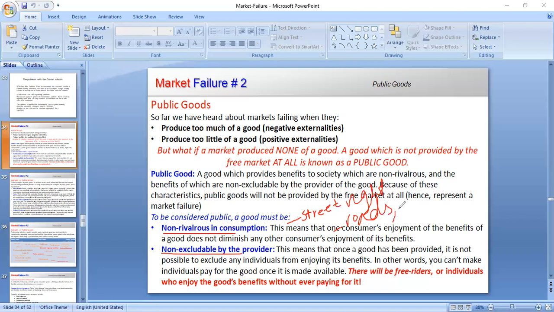Then we have national defense and security. Those are examples of public goods. So basically a public good is characterized by two major characteristics. It is non-rival and non-excludable in nature.